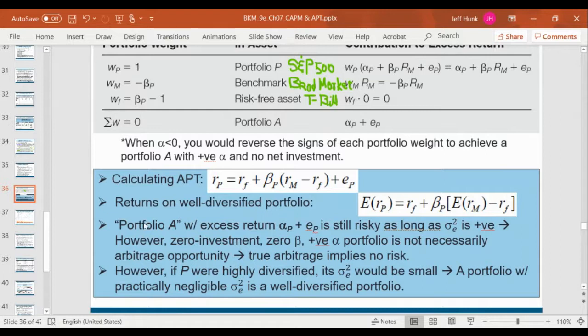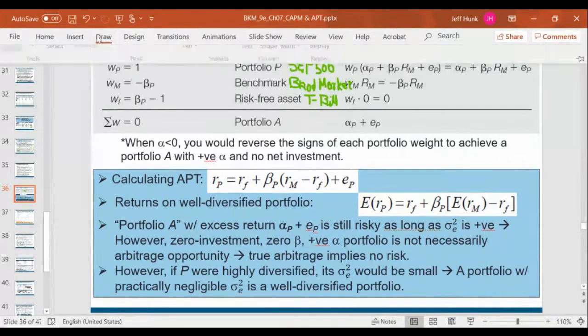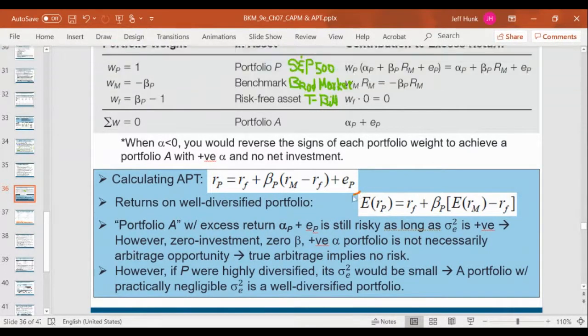And a well-diversified portfolio is important, and we're going to talk more about that shortly, because if the portfolio is well diversified, the expected error term will be white noise, right?